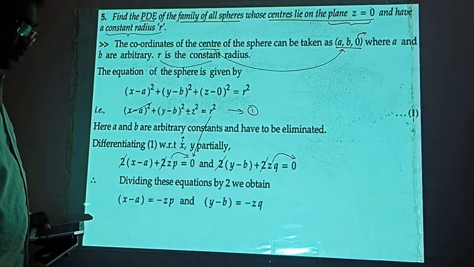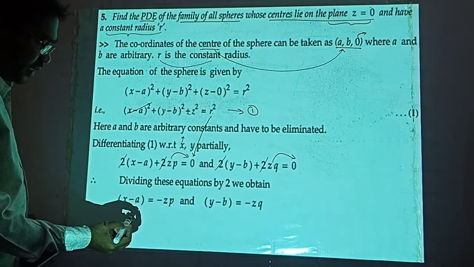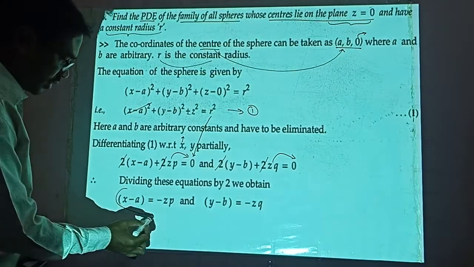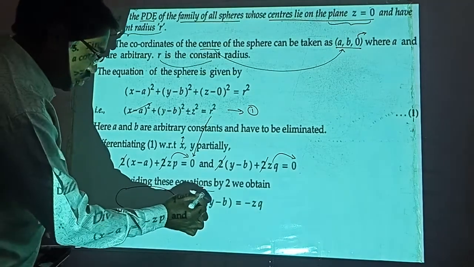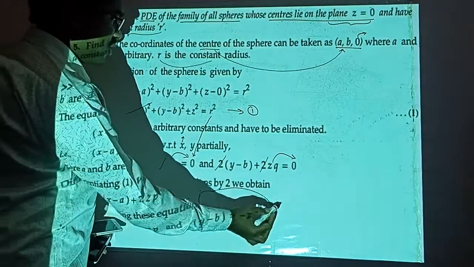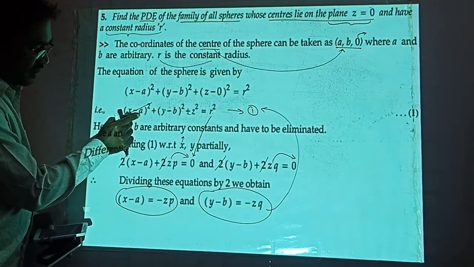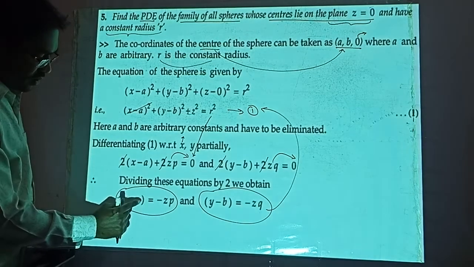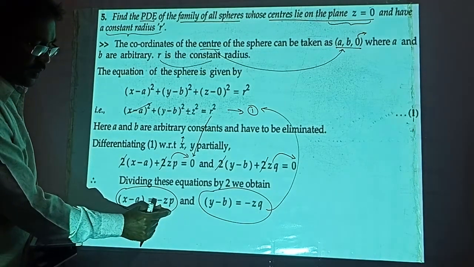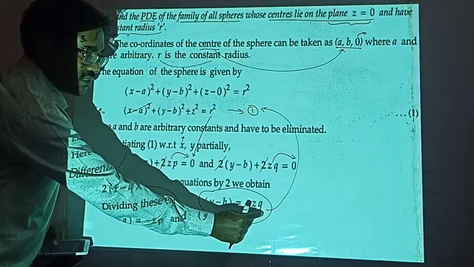Now see, we are almost done with the problem. If you combine these two with equation number 1, carefully observe, in the place of x minus a we have minus zp and in the place of y minus b we have minus zq.